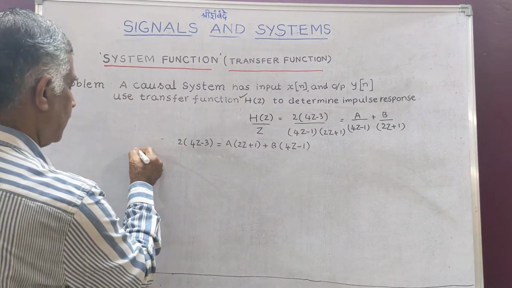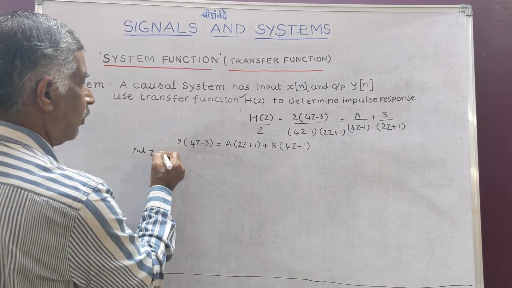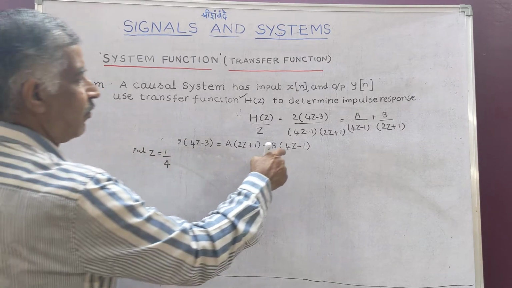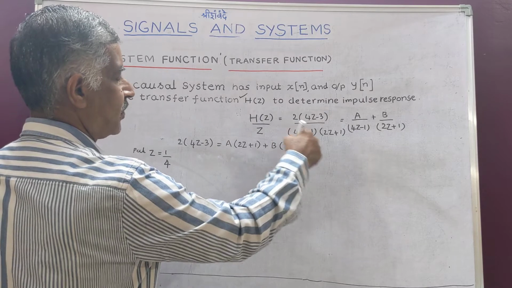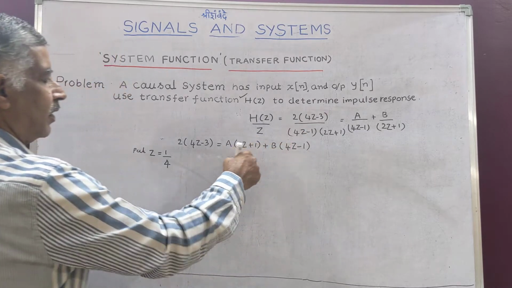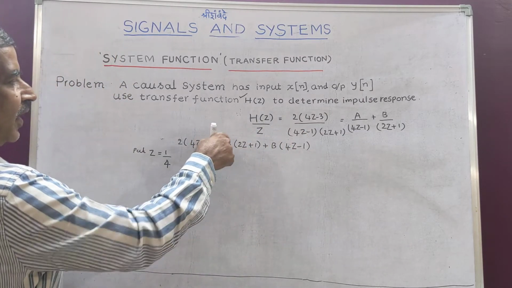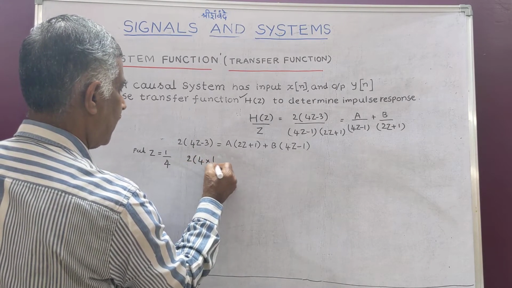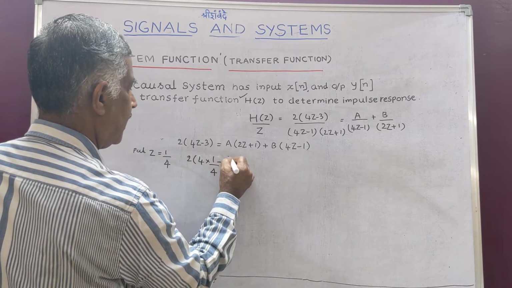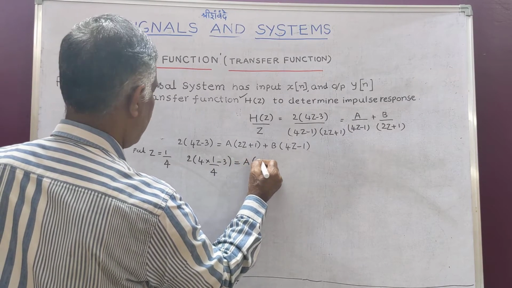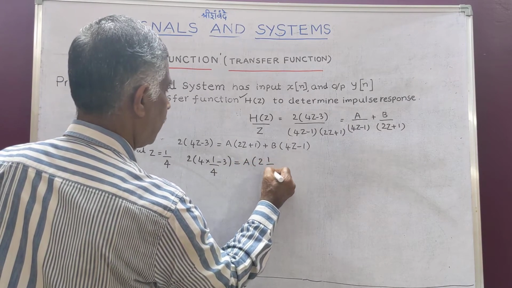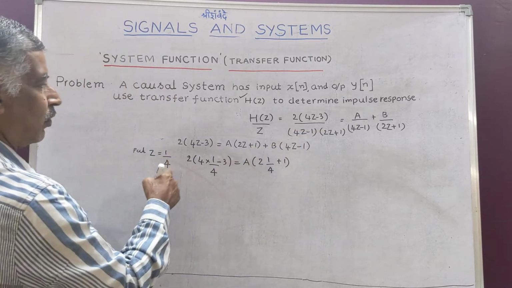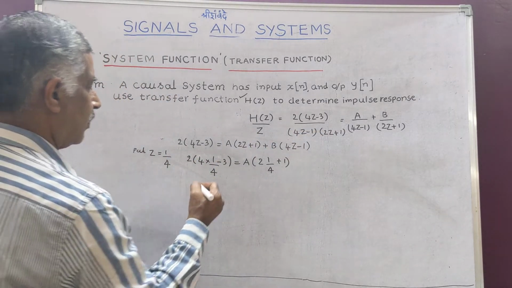Now put z equal to 1/4, because if you put z equal to 1/4, this term becomes 0. Therefore, B doesn't come into the picture, and I can calculate A. 2(4 × 1/4 − 3) = A(2 × 1/4 + 1), and this term becomes 0 because 1 − 1 = 0.